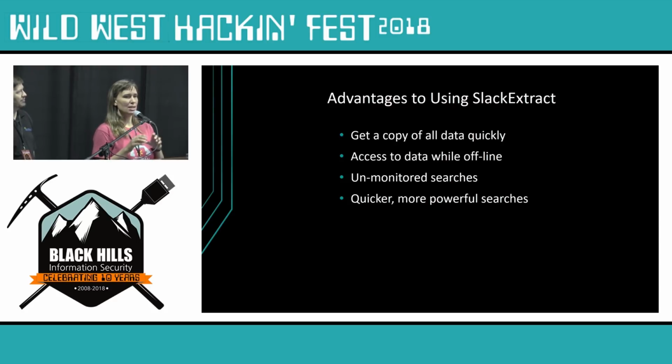If you're just typing that into the Slack search, they could potentially have alerts that say if people start searching for any of these keywords, like password and Amazon S3 keys, alert us because that seems suspicious. So if you're doing that offline, you don't have to worry about those alerts. And you can do quicker and more powerful searches without going through the online version.